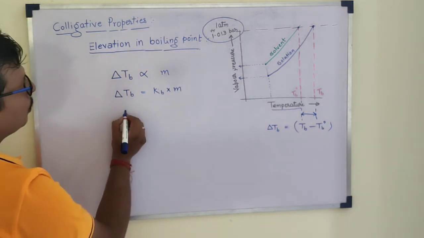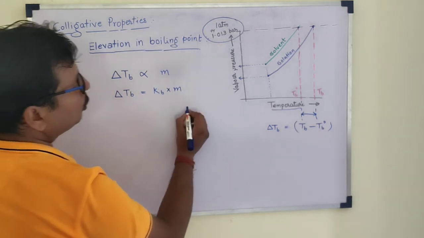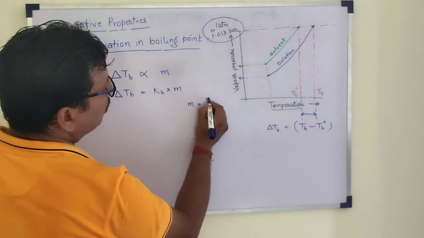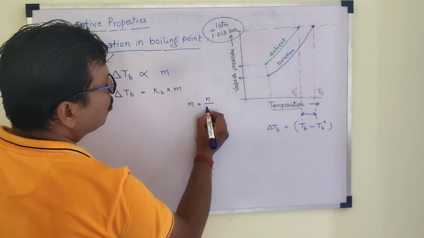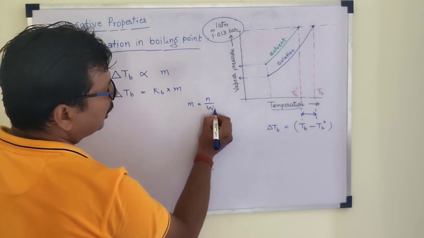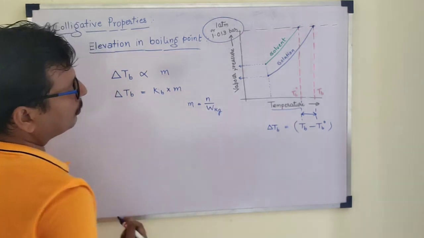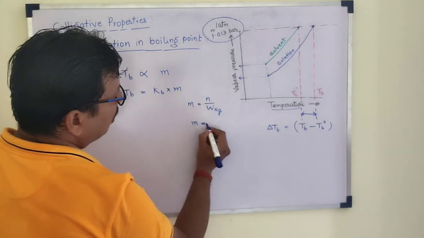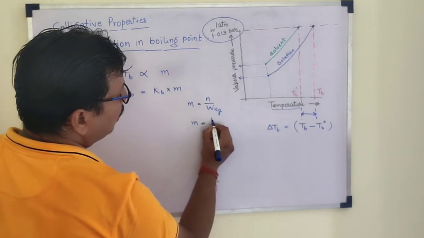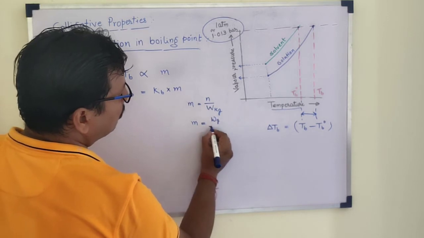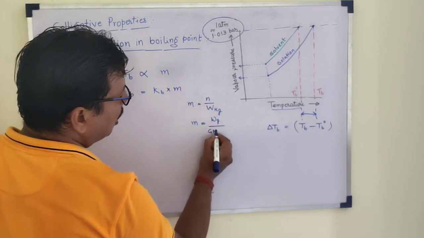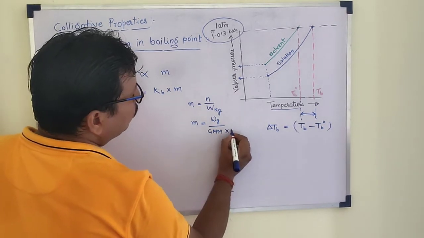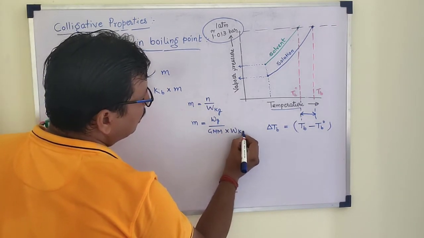You know that molality is equal to the number of moles divided by the weight of solvent in kg. The number of moles is the weight of solute in gram by GMM, gram molar mass or gram atomic mass, into weight of solvent in kg.